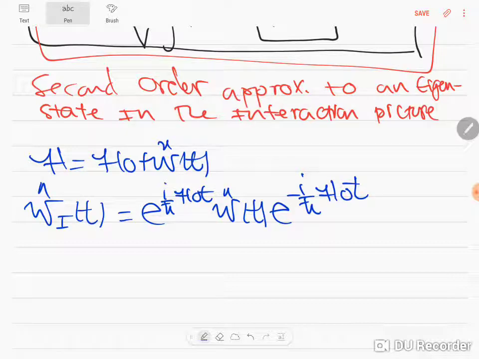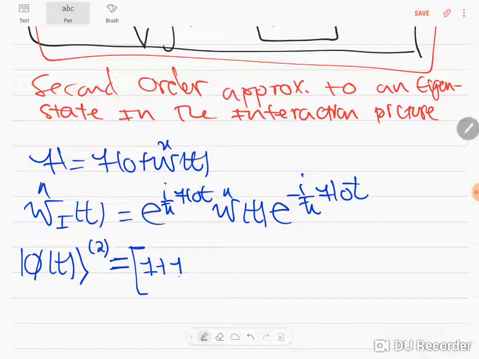Now, the second order correction of a state vector in the interaction representation, we can see that it reads in the following way. So phi of t. I'm skipping a big thing here, but you will see in the next video where this second approximation came from. For the meantime, just believe me please.